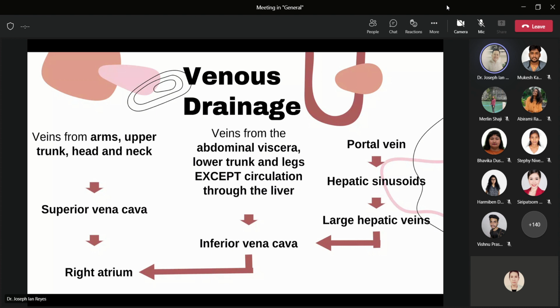So the portal vein at the confluence of the nutrient-rich superior mesenteric and splenic veins would supply 75% of the blood flow to the liver, supplemented by oxygenated blood from the hepatic artery. So blood from these vessels flow into the hepatic sinusoids, then drain into three large hepatic veins that empty into your inferior vena cava. Then after that, the inferior vena cava will drain into the right atrium.